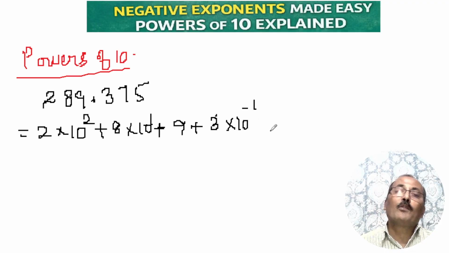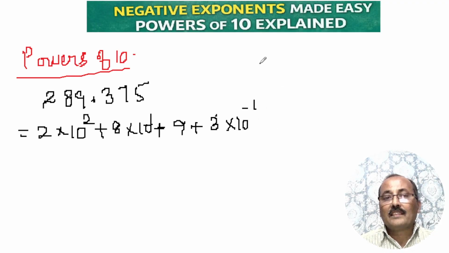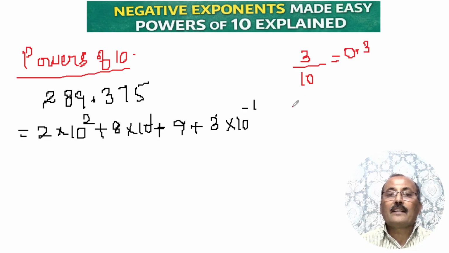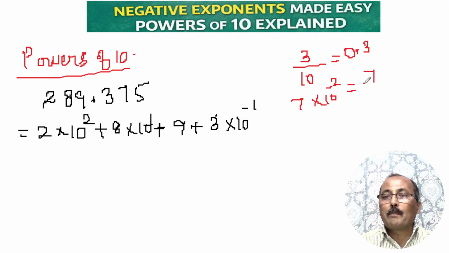What is 10 power minus 1? 3 into 10 power minus 1 is 3 by 10, because 10 power minus 1 becomes 1 by 10. That is nothing but 0.3. Then the next one, 7 into 10 power minus 2, becomes 7 by 100, that is 0.07.